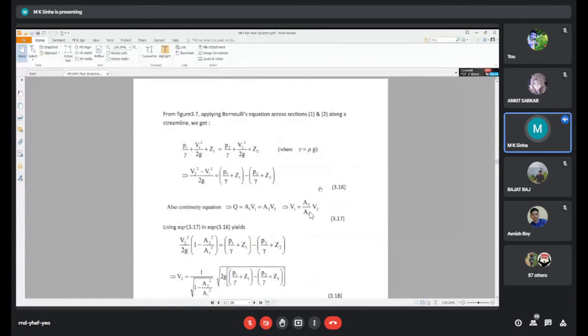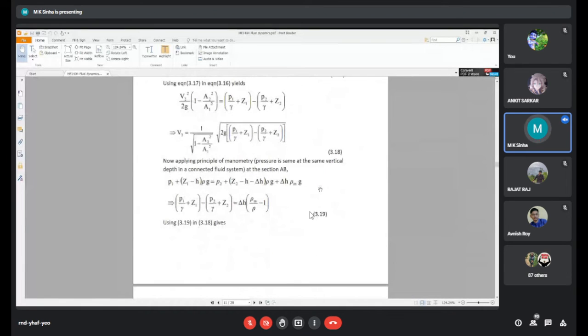Then you can read the del H easily, and the densities of the manometric fluid and the measuring fluid are also known. Generally, the manometric fluid is mercury and the measuring fluid is water.